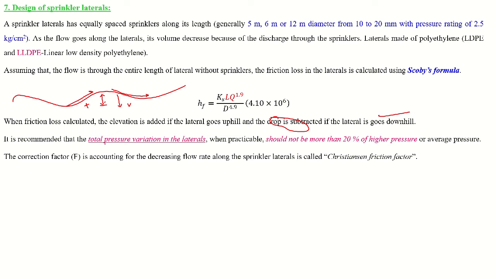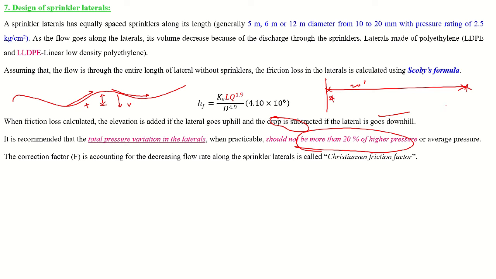It is recommended that the total pressure variation in the lateral should not be more than 20% of your operating pressure. That means the starting sprinkler in the entire lateral and the end of your lateral, in this condition the total pressure variation should not be more than 20%.